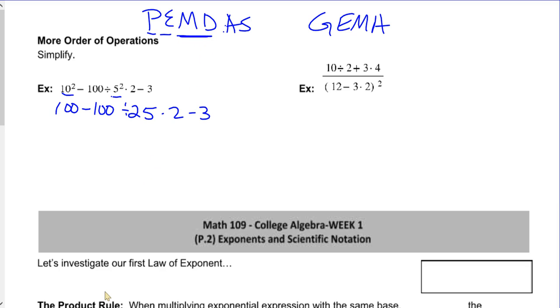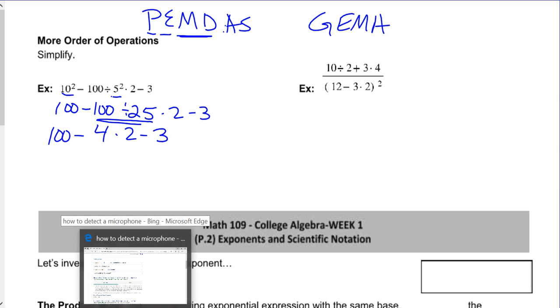Collectively, between left to right, which comes first, multiply or divide? So I'm looking here, left to right, there's a minus. Then there's a division. I have to do this part first. So I'm going to rewrite the 100. And if I do 100 divide by 25, I get 4, and I'm going to rewrite the rest. So don't do too much here in your head.